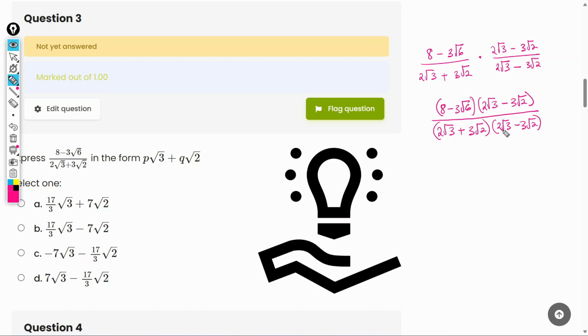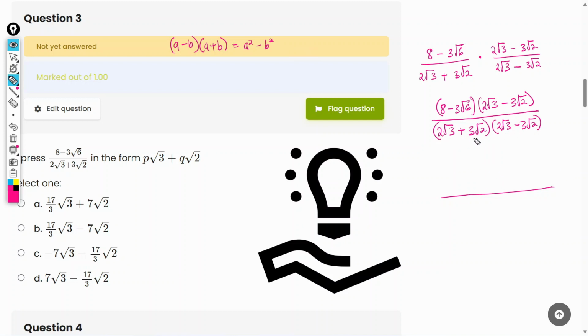For the top we'll have to do the full expansion, but for the denominator, if you look at it closely, it's difference of 2 squares, very similar to a minus b times a plus b, which we know gives us a squared minus b squared.